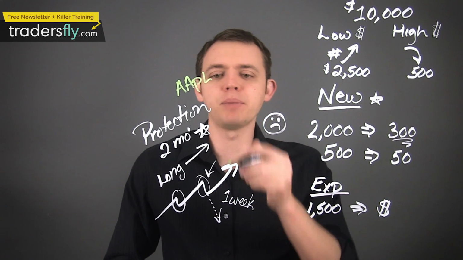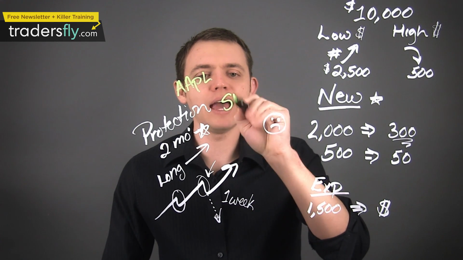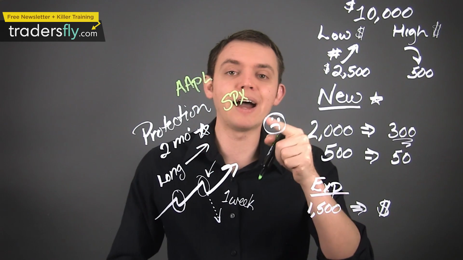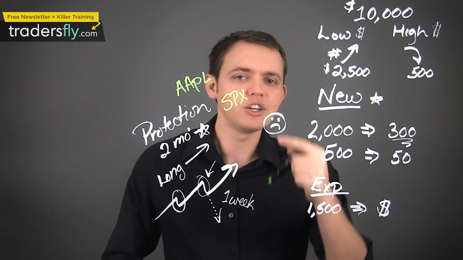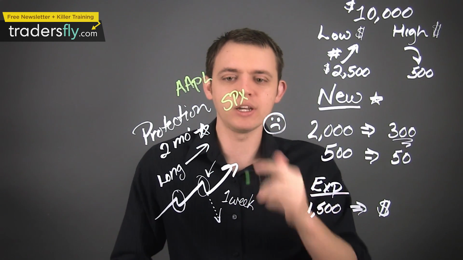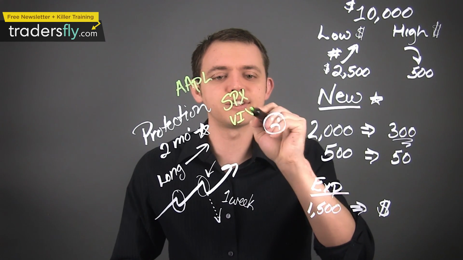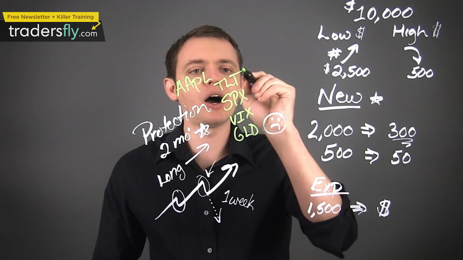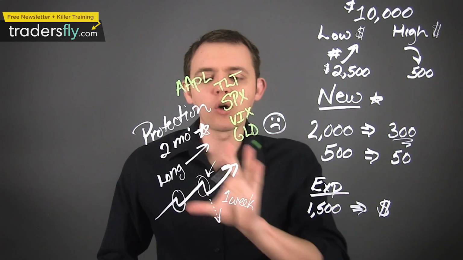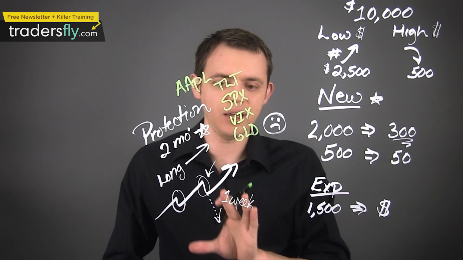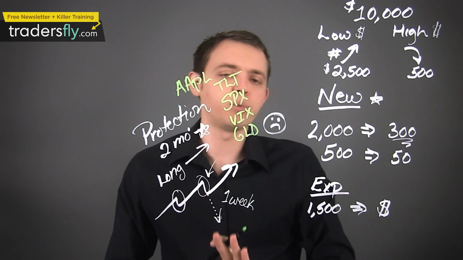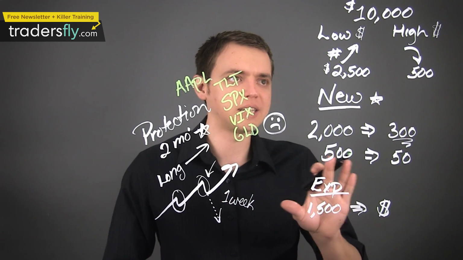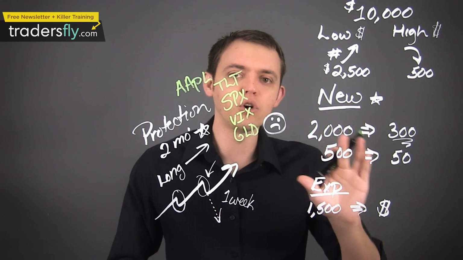You can hedge it by getting something on the SPX or buying the inverse of the SPX. You can hedge it with the market. You can hedge it with the VIX. There's a lot of other ways. I mean, gold, you have the TLTs with the bonds. So all those different ways are ways to just hedge things, okay? But you can hedge that portfolio and position. That's really what it comes down to, is you're hedging your full position.